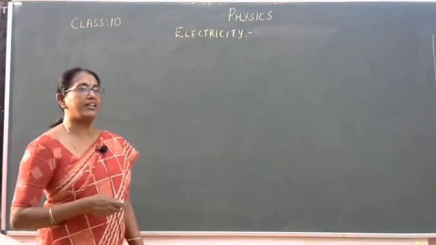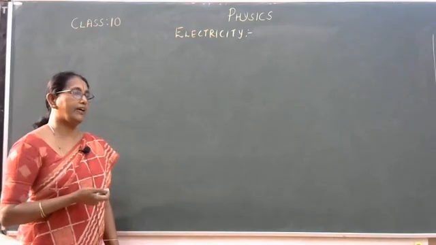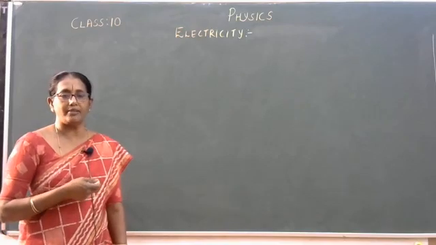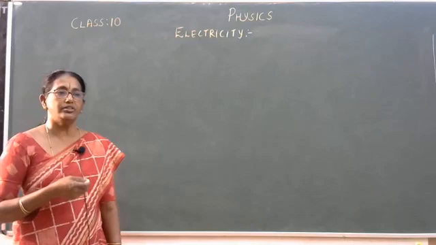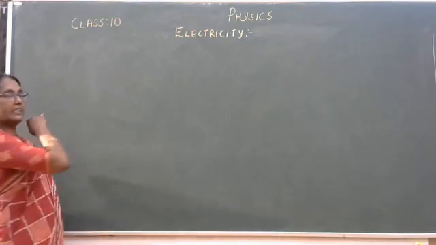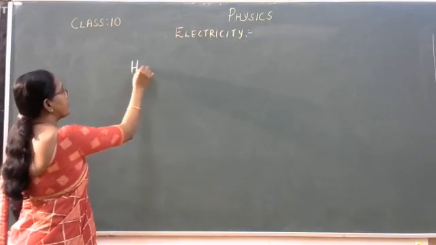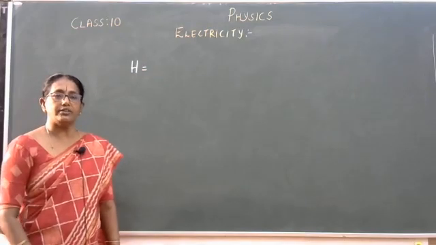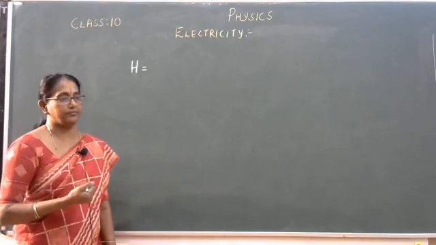So let us first study the electrical energy consumed by a device, and that was developed by a scientist named Joule, and that law is called Joule's heating effect. According to Joule's heating effect, the heat energy produced is marked with the letter H. Energy can always be related with the work done.